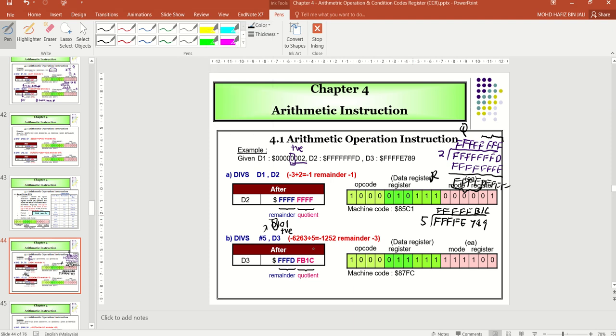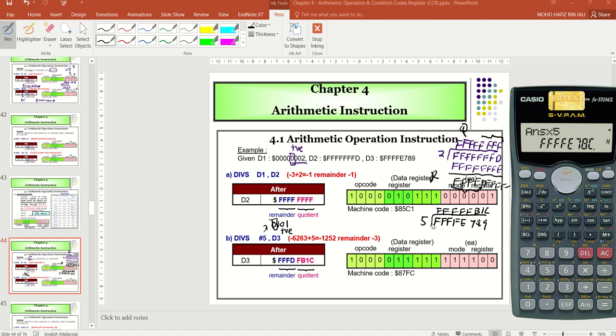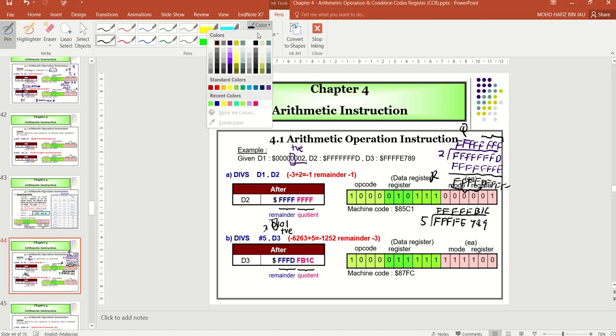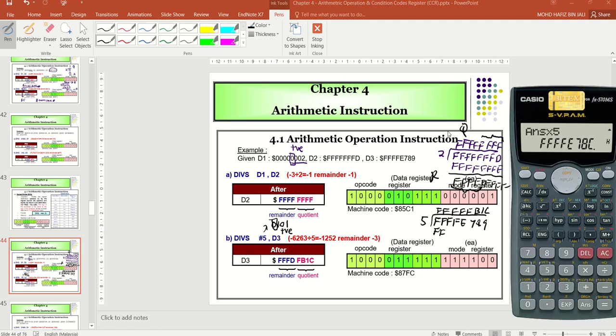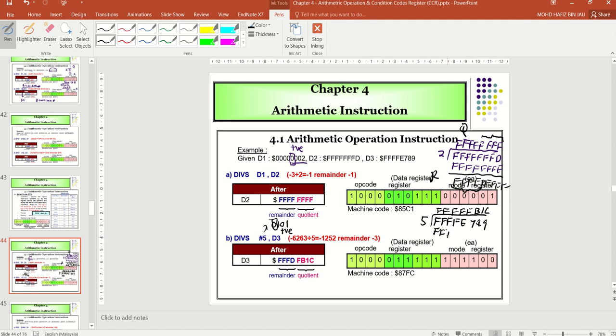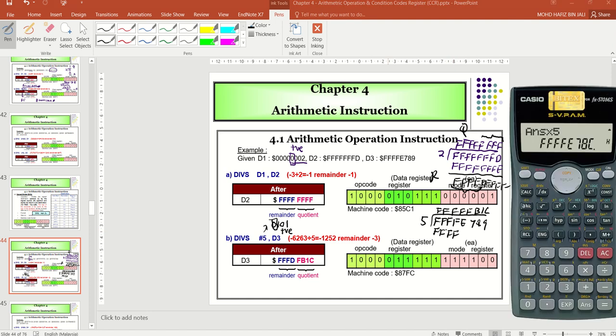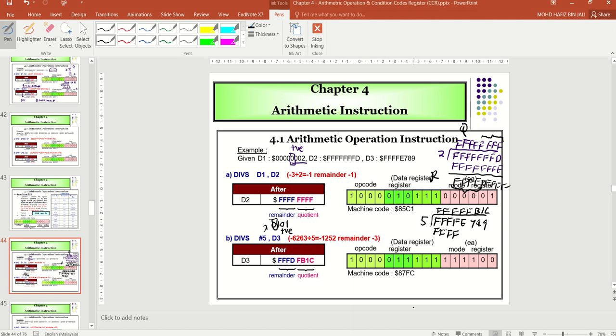What is the value? FFFFE78C. So subtract this one.